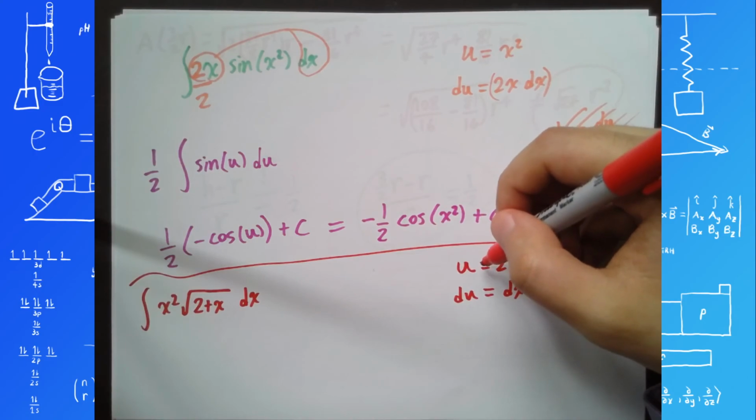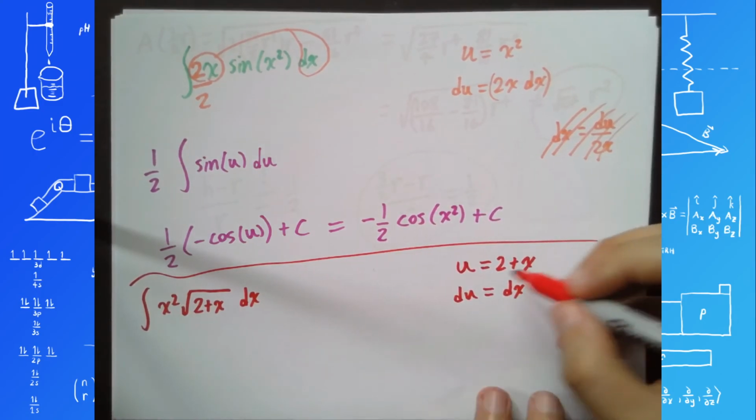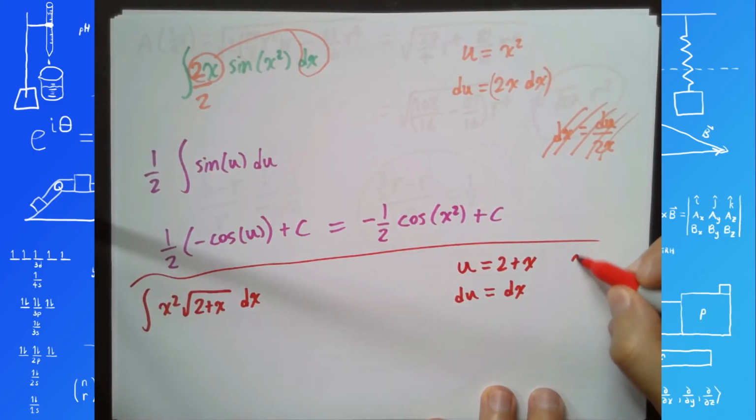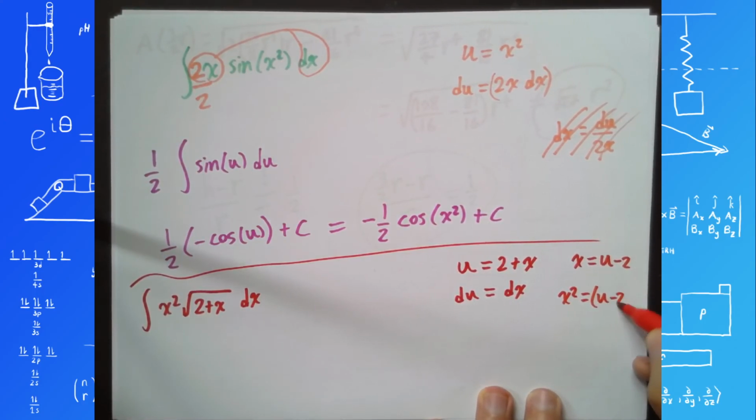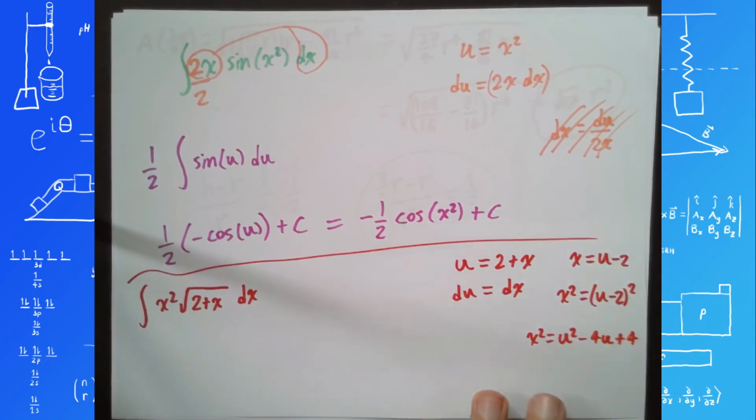So we need to solve for x. If u equals 2 plus x, then x equals u minus 2, which means x squared equals u minus 2 quantity squared, which is equal to u squared minus 4u plus 4, if I did my math right.